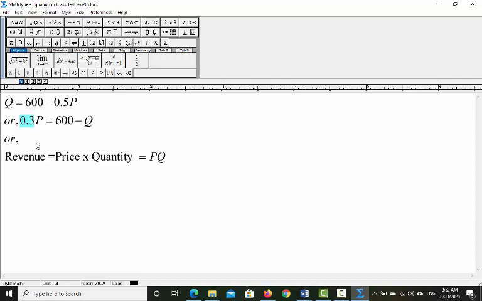Here it is easy, because if you multiply both sides by 2, you get P on one side, and 1200 minus 2Q on the other.